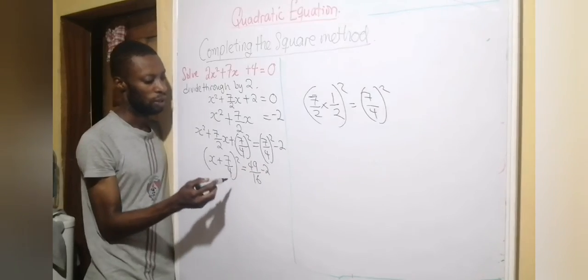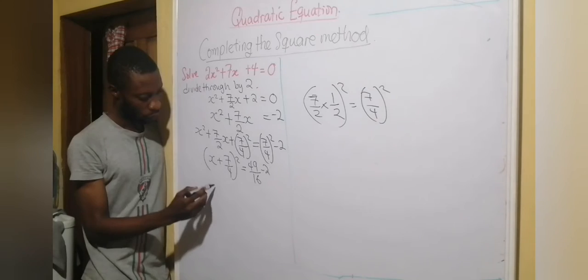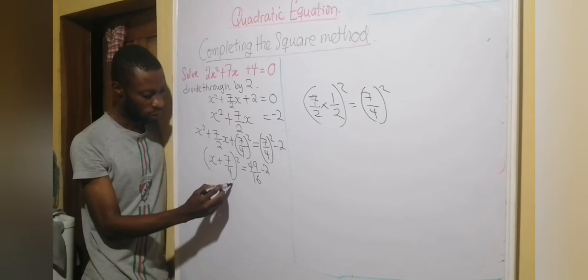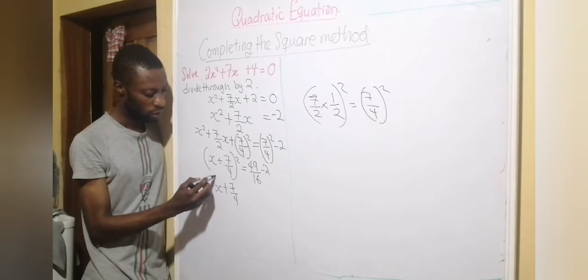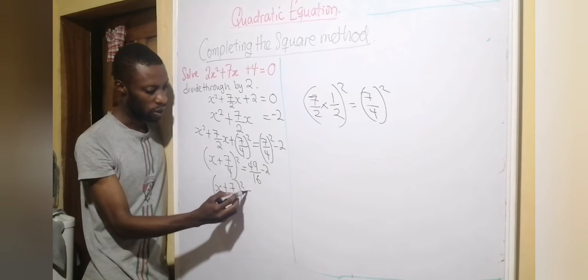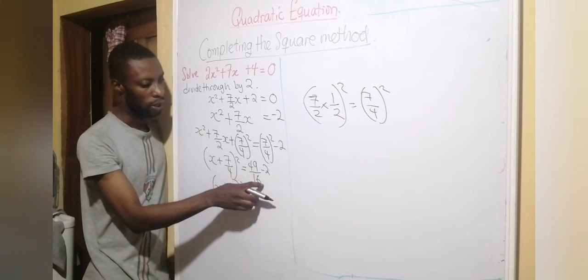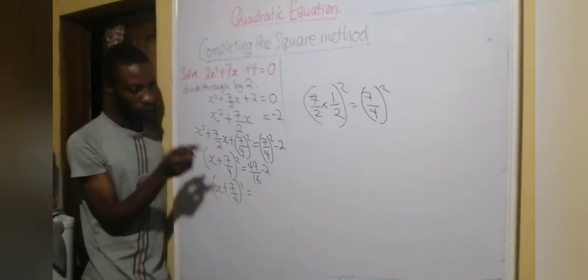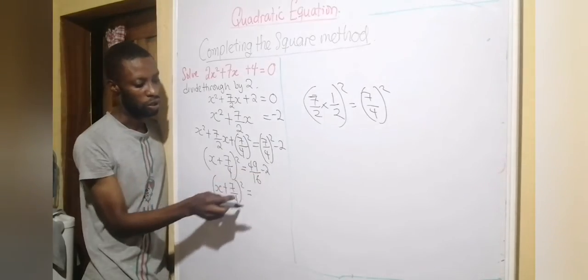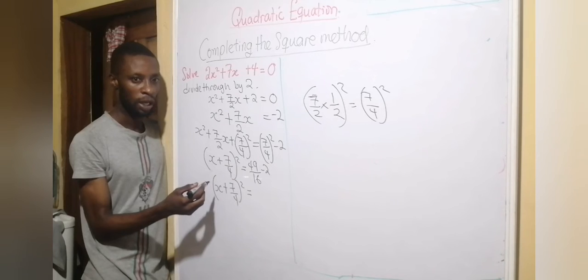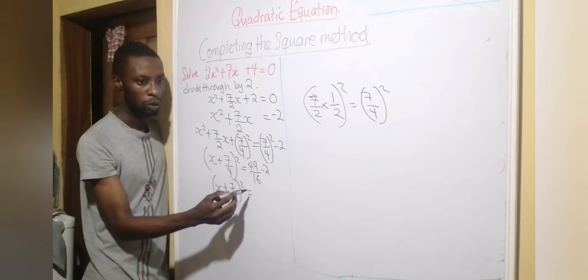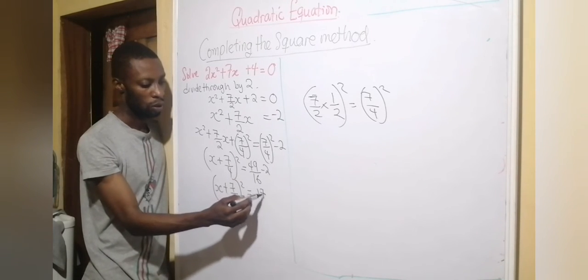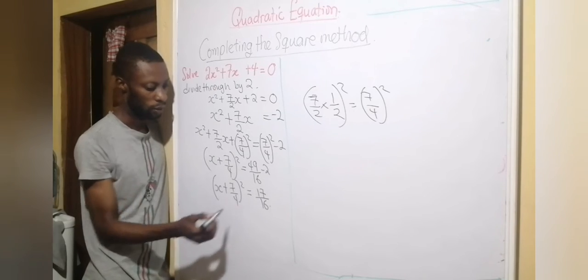So 49 over 16 minus 2, we have x plus 7 over 4 all squared is equal to, 16 times 2 is 32. So 49 minus 32 is what? That's 17. So we have 17 over 16.